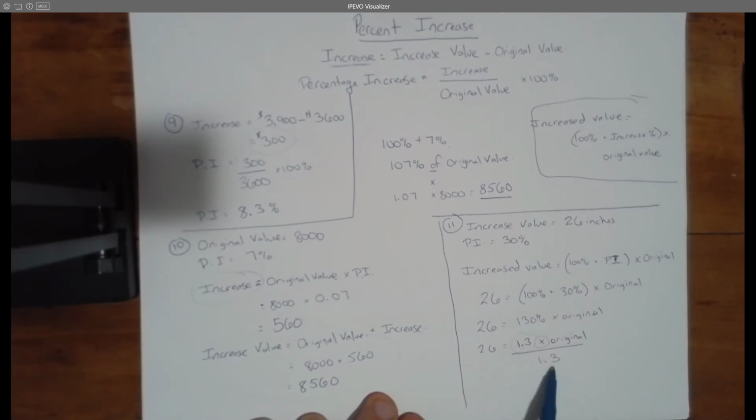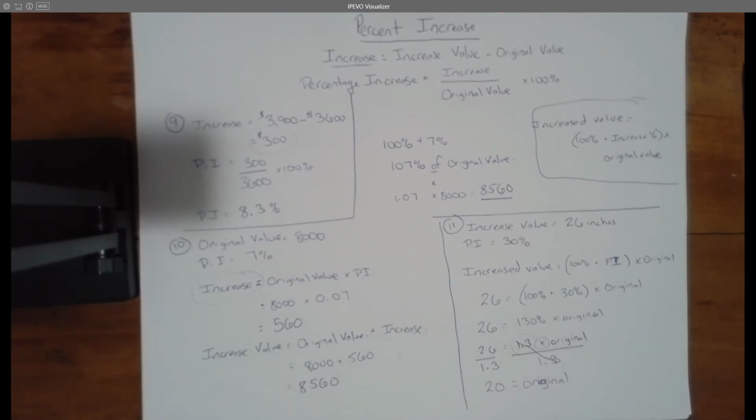And 1.3 divided by 1.3 is just 1, and 1 times any number is just going to be that number. So those end up canceling out. But I can't just change this side without affecting this side, so I have to divide this by 1.3 as well. That allows me to get the original by itself. And on this side, all I have left is 26 divided by 1.3, which if you plug that into your calculator gives you a result of 20.